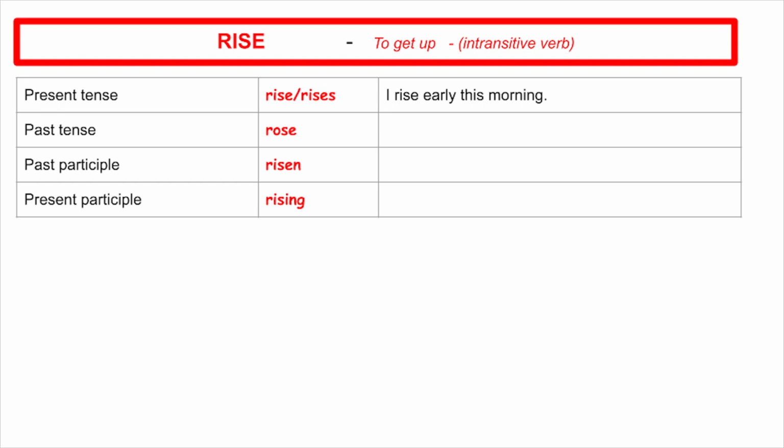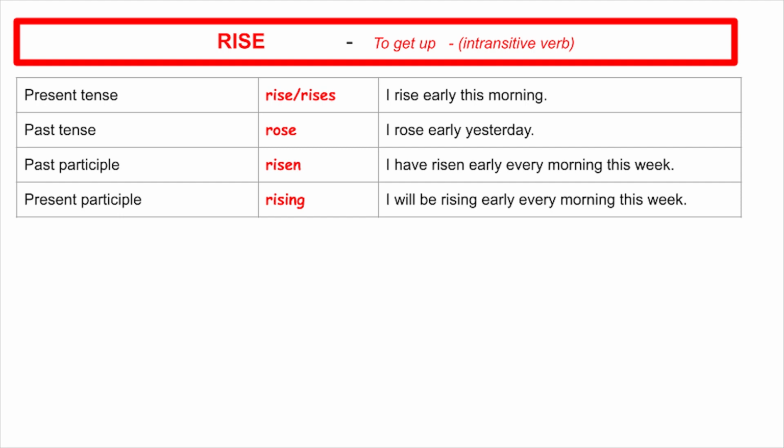Using the past tense, rose, I rose early yesterday. For the past participle, risen, I have risen early every morning this week. Using the present participle, rising, I will be rising early every morning this week.